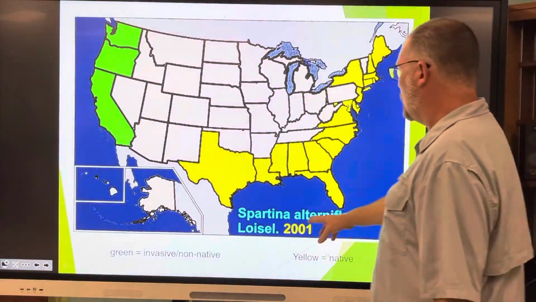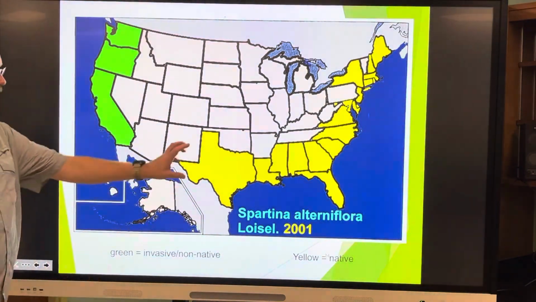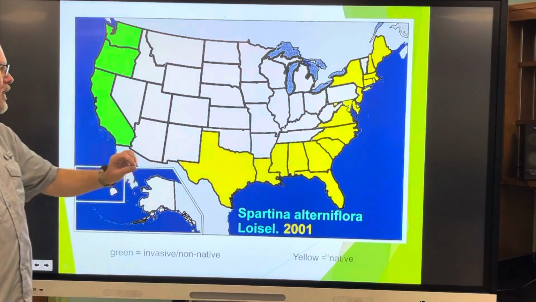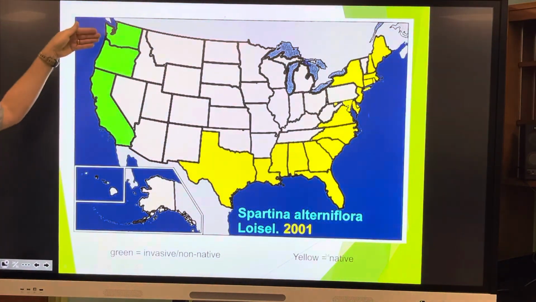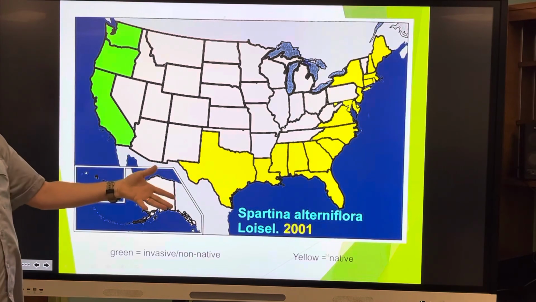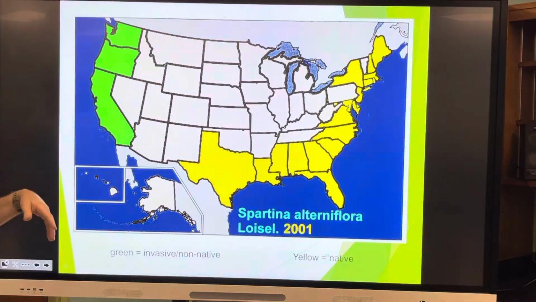So Spartina alterniflora, which is that species, lives here, okay? This is where it's supposed to be. But somehow it got over here, possibly in some sort of shipment from shipping lanes or transported somehow on a boat.